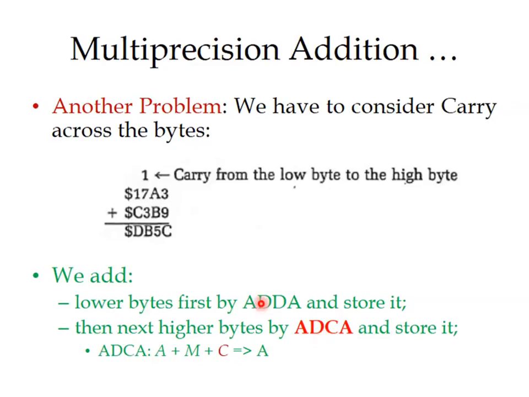So basically, if you add using ADCA, then when you are adding 17 and C3, the carry will be automatically added, because your microprocessor knows that there was a carry in the last step. How does the microprocessor know it? Because of the flags. Remember we talked about the flags, right?